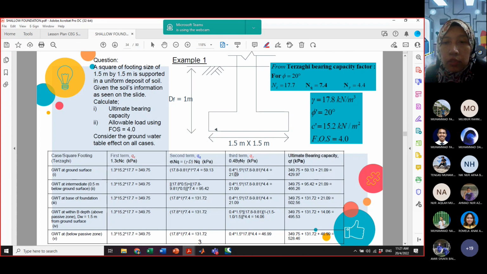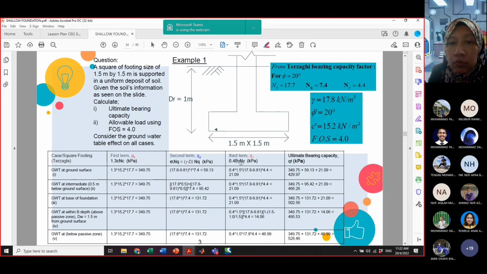Okay, untuk term number 3. Term number 3 ni dia berkaitan dengan unit weight. Unit weight tu pula dia merujuk kepada base footing. Base footing kita ni ada efek air tak? Kalau kata tadi water table ni daripada permukaan atas ground surface sehinggalah 1 meter, maknanya base footing ni akan ada effect of water kan.